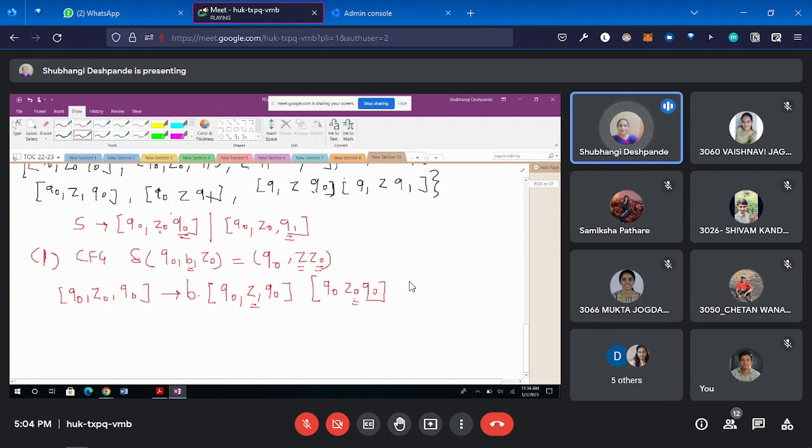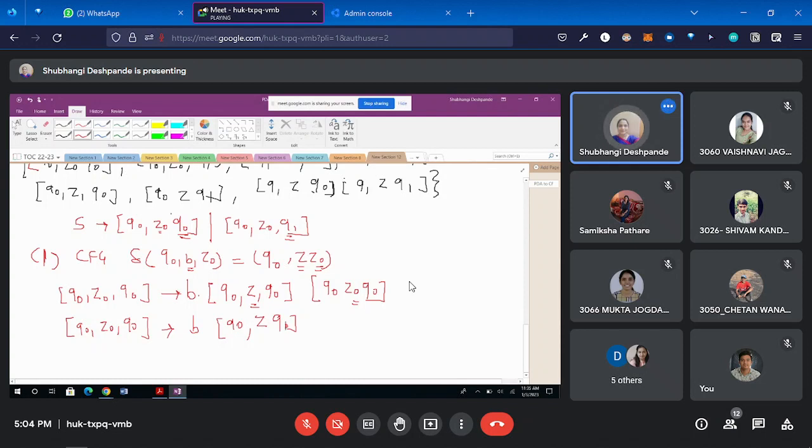But we are retaining the same string. Then next for this, Q0, Z0, Q0, then it is B. So we will start with Q0, Z, Q0.